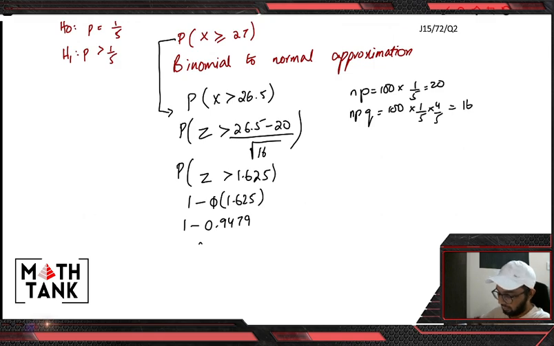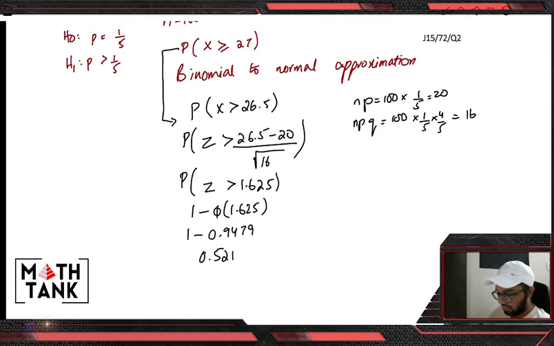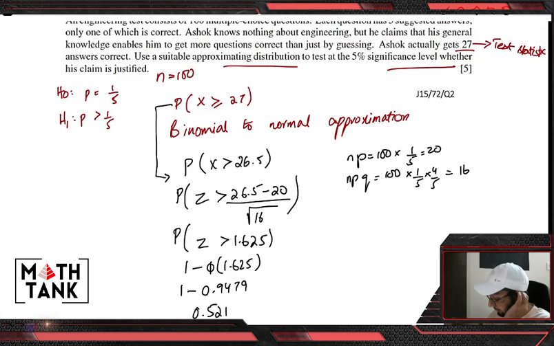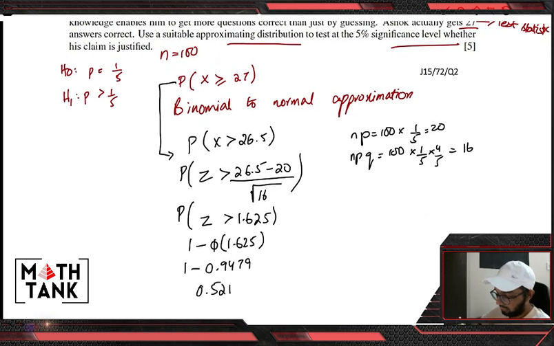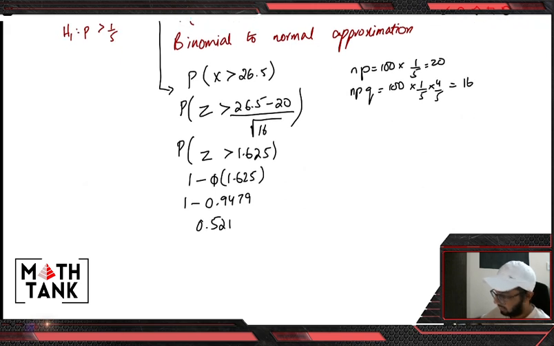I'm getting 0.0521. Now that's 5.21%. That's again greater than the significance level, so you fail to reject H0.